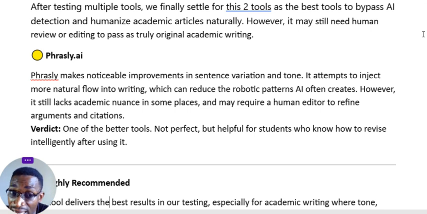However, it still lacks academic nuance in some places and may require a human editor to refine arguments and citation. So, verdict: one of the best tools for academic purposes out there that can transform your AI writing into human writing. Not perfect though, but helpful for students who know how to revise intelligently after using it.